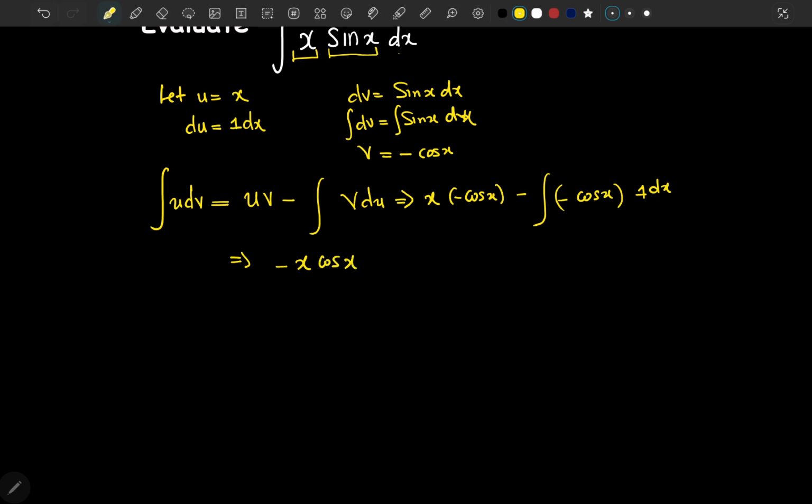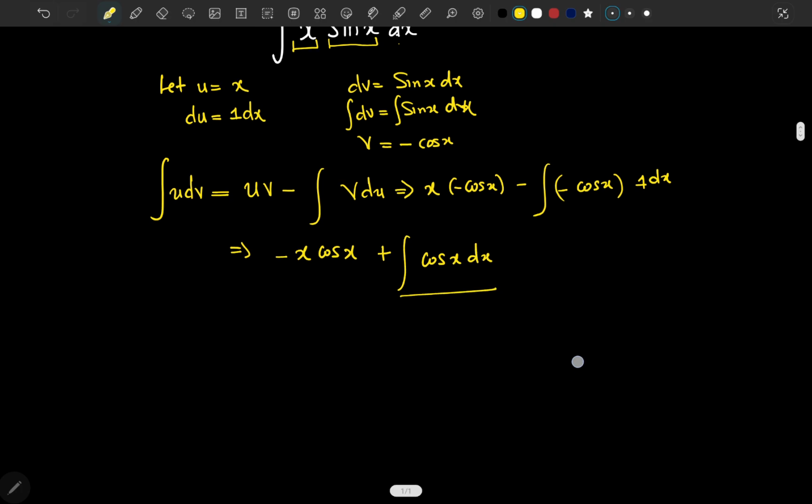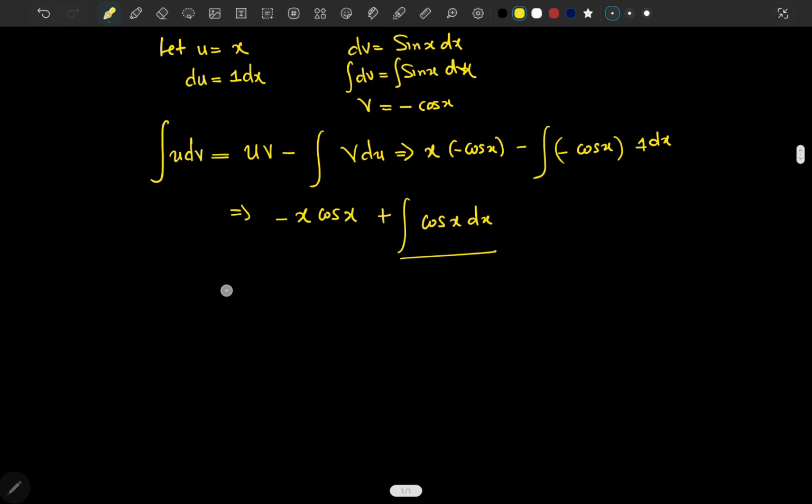This negative can come out to give us plus 1, then we have cos x dx. We can still integrate this part, which is now direct. So we have negative x cos x plus, what is the integral of cos x? It's sine x.